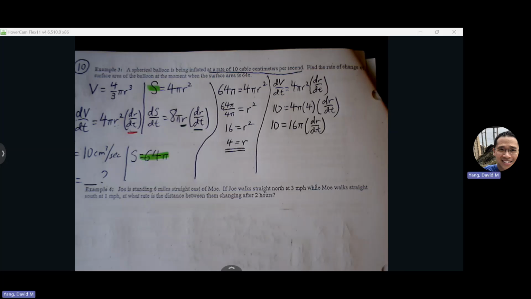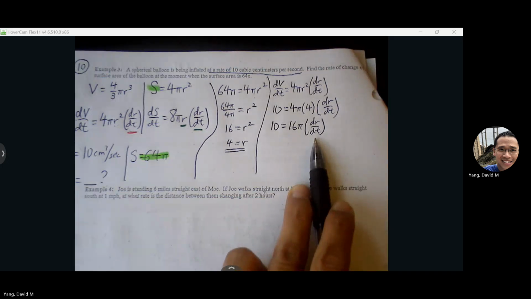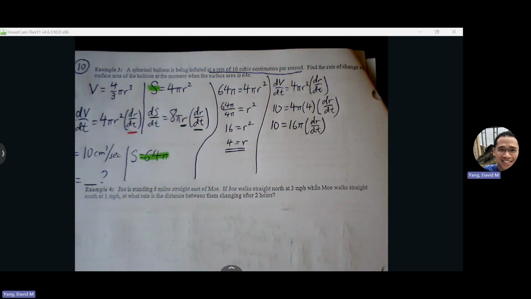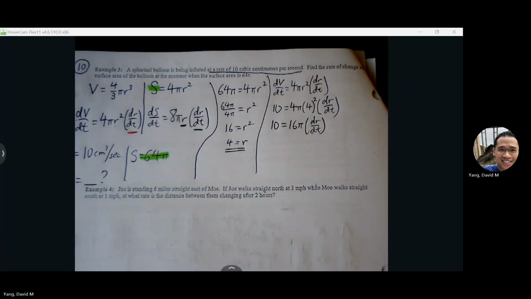What will we do to divide to solve for dr dt? Oh, yes, sorry, squared. Thank you. Ends up being 64. Sorry.